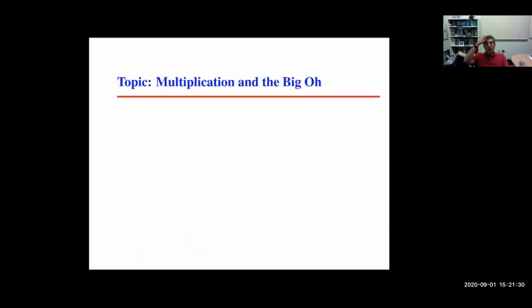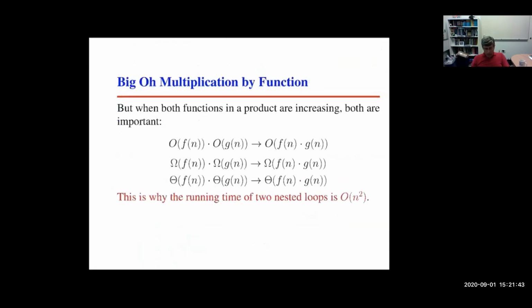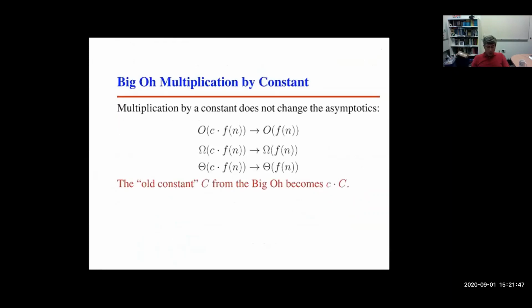Okay, so I want to talk a little bit more about the big O and dominance and logarithms today. Those are my topics for today. And just to make sure we understand how the big O works, one thing is something related to multiplication, and understanding what happens with multiplication.